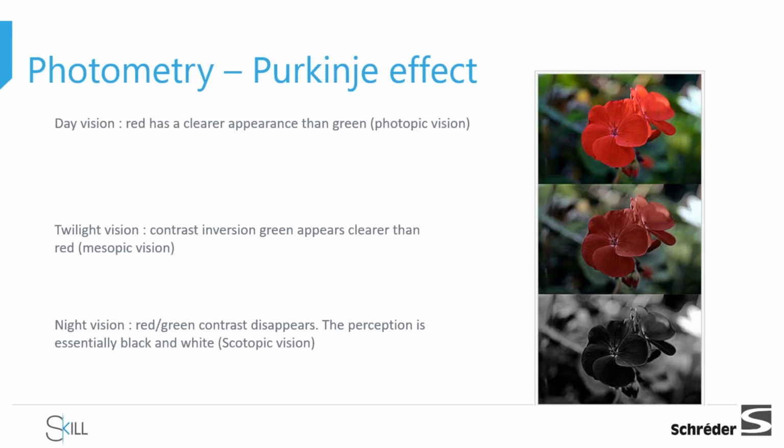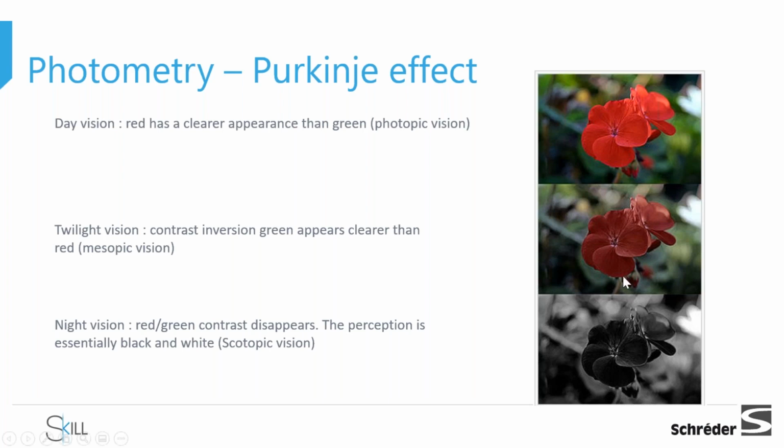This is an example of how vision is different according to the light level. In the first photo on the top, this is the day vision, photopic vision, where the green and the red color are very clear.